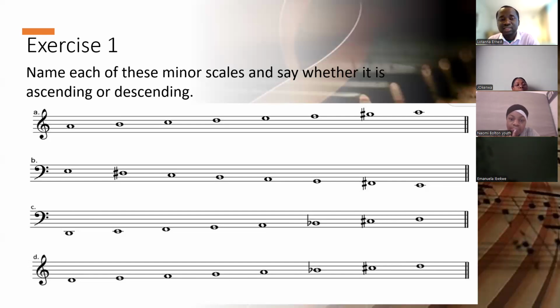In a harmonic scale, the seventh note is sharpened. In a melodic scale, the sixth and the seventh notes are sharpened when you are ascending. All right, is that okay? Yes. So with that, is this D harmonic or D melodic?